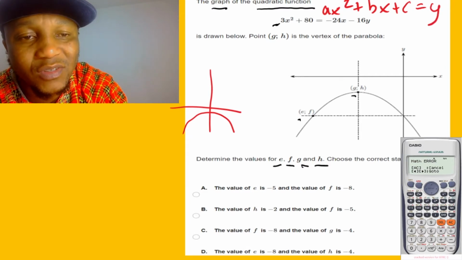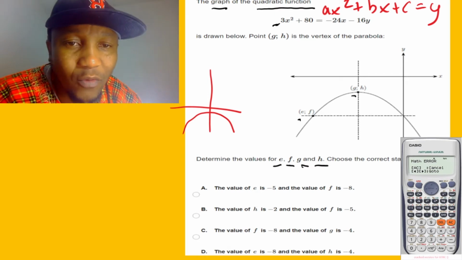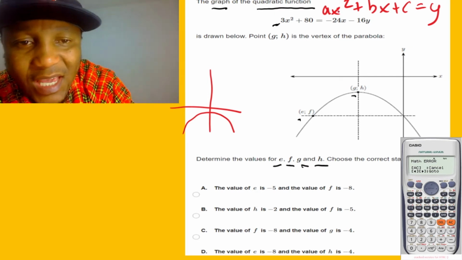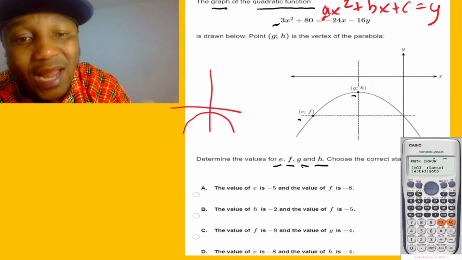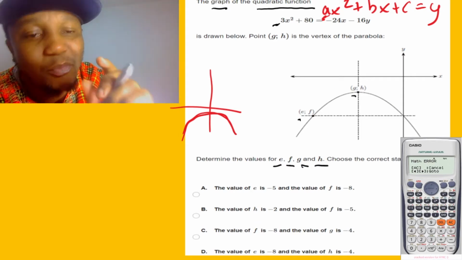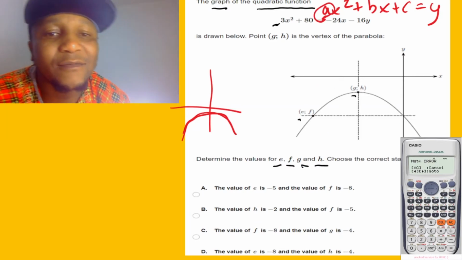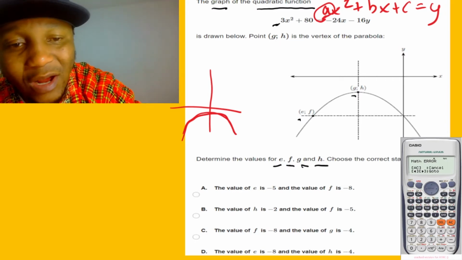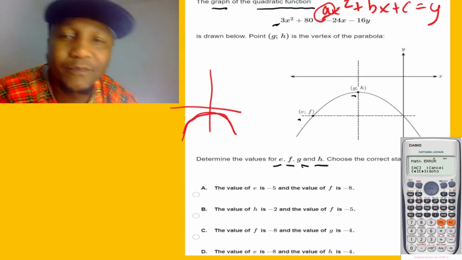Let's say y, because it's a function. So that's the standard form of a quadratic equation. Now look, if the value a is less than 0, negative, then the graph is going to be concave downward. So for this graph, possibly, the value of a is negative. That's why it's concave downward like that. You see?